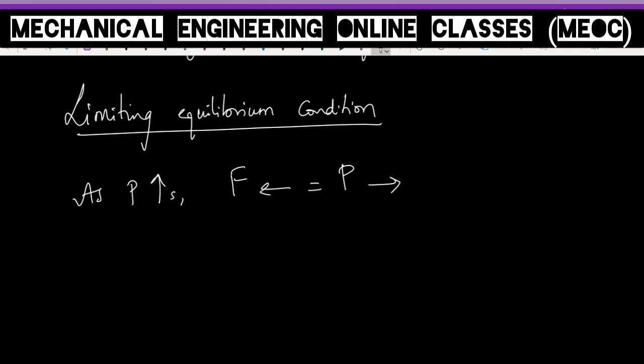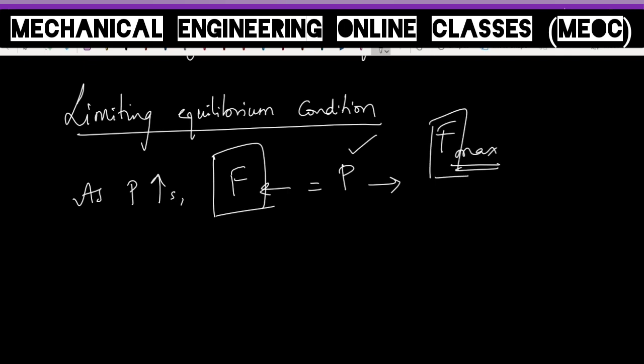Say the highest value of friction is F max. If we apply a P greater than this F max, then the motion will begin, and the movement will happen.